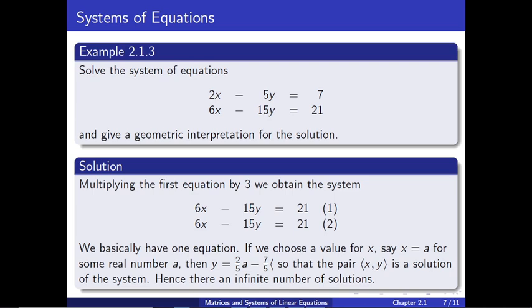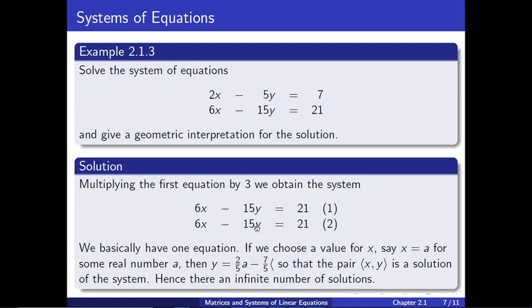What it means is, if we choose a value for x, let's call it a, where a is a real number, then we are going to find a corresponding y.